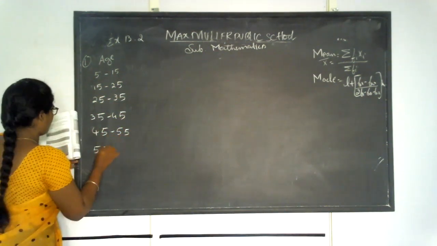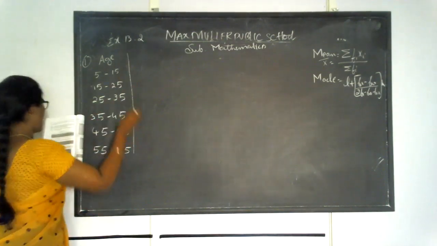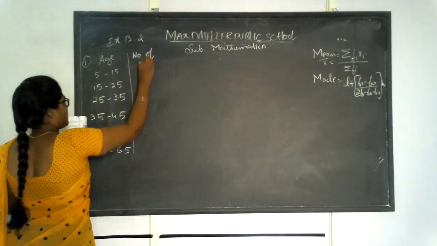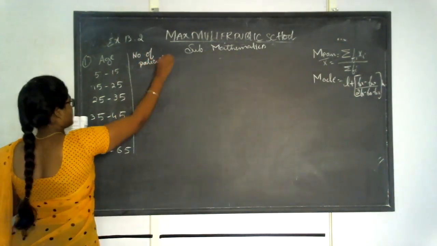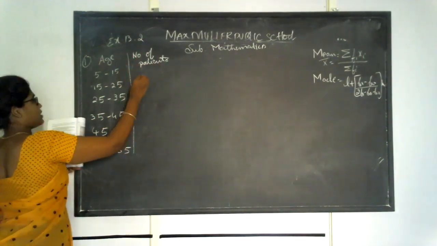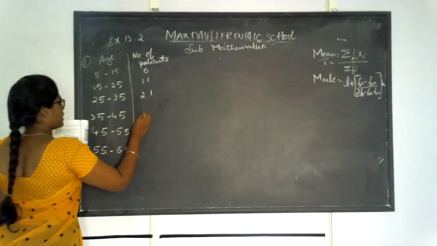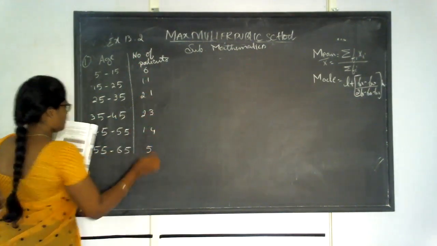Then 55 to 65. Correct? Then what else do you have? Number of patients, admitted in a hospital. So for 5 to 15, it is 6. Then it is 11, 21, then 23, then 14, and the last will be 5.